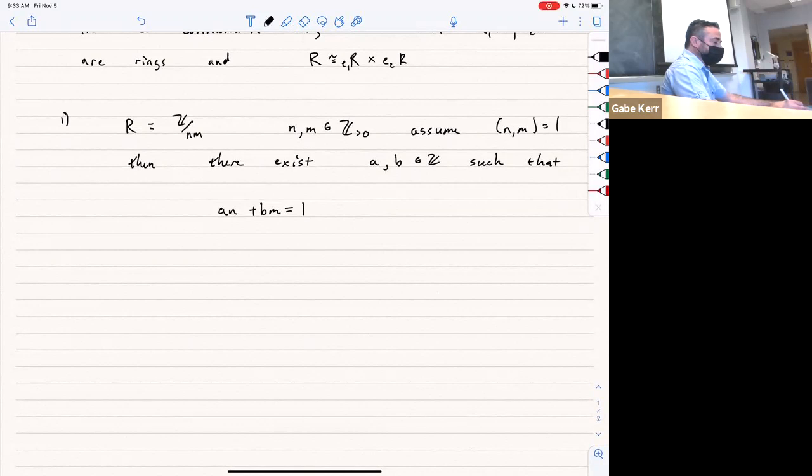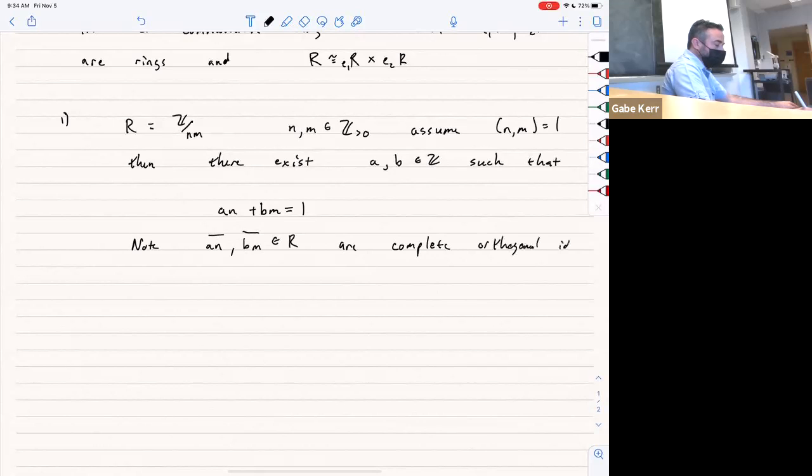So what you see in this equation, though, is the following. You can note that AN and BM, taking their classes, are complete orthogonal. Well, they sum to 1.